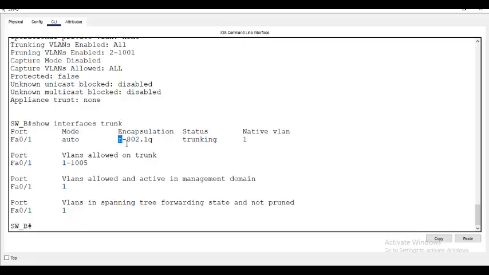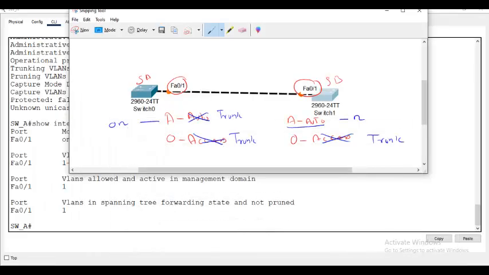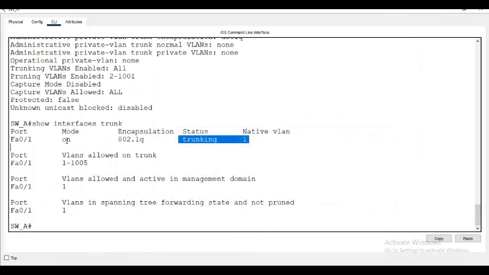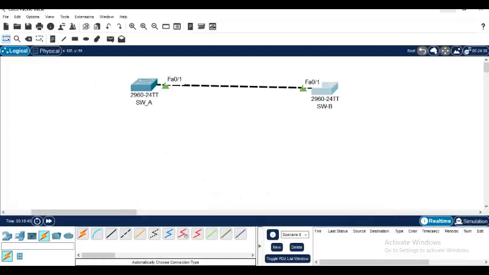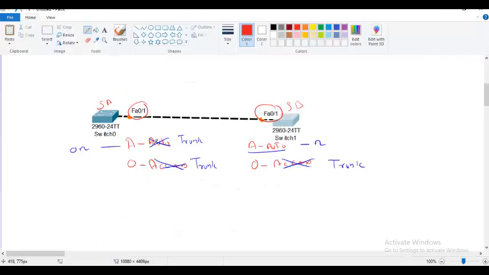Making this trunk. Now I'm not going to make this trunk. I'm going to make this access.